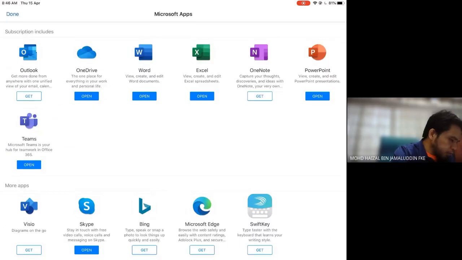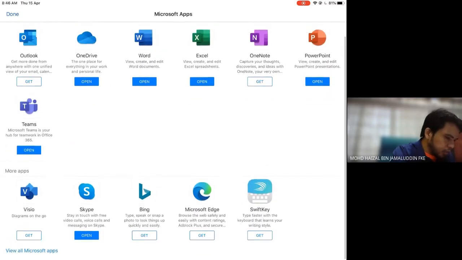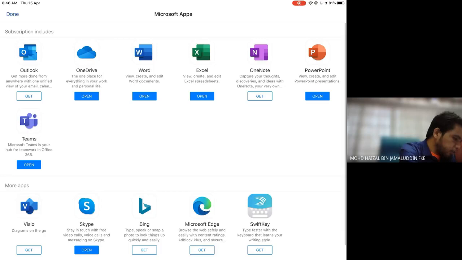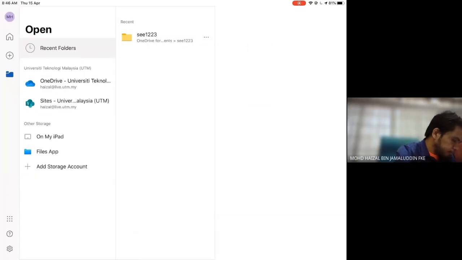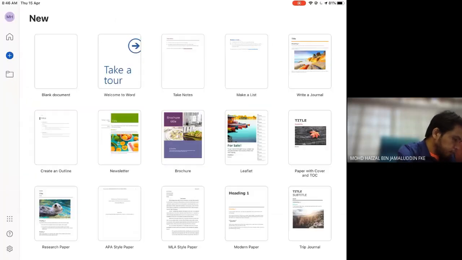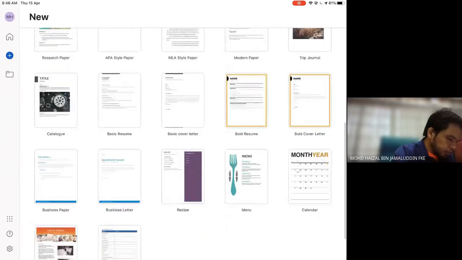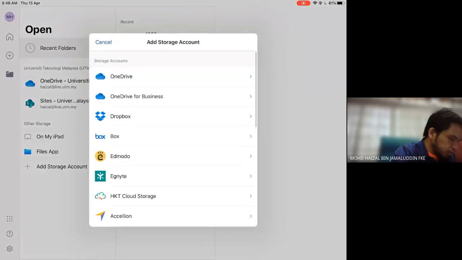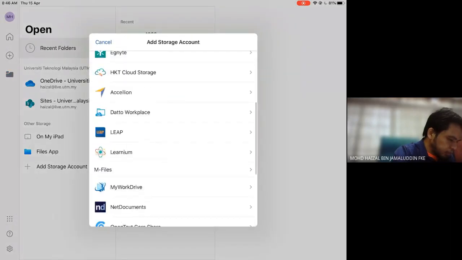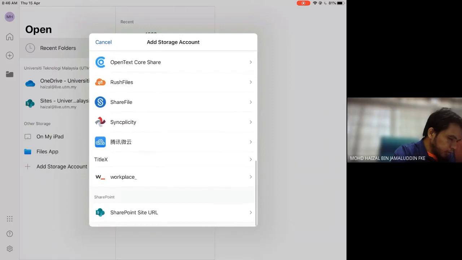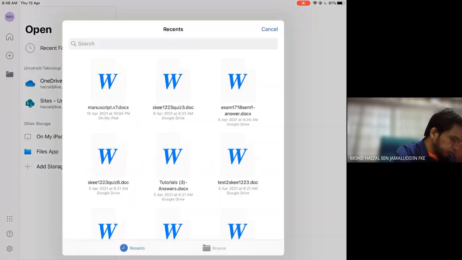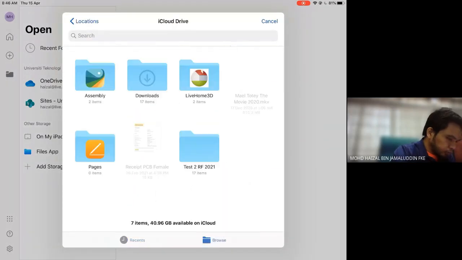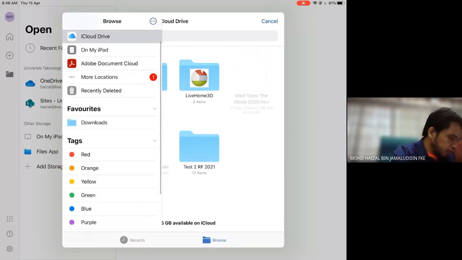Saya nak open saya punya ni apa Google Drive. Tak boleh add. Tak ada pun nampak Google Drive. Tak link kat sini.